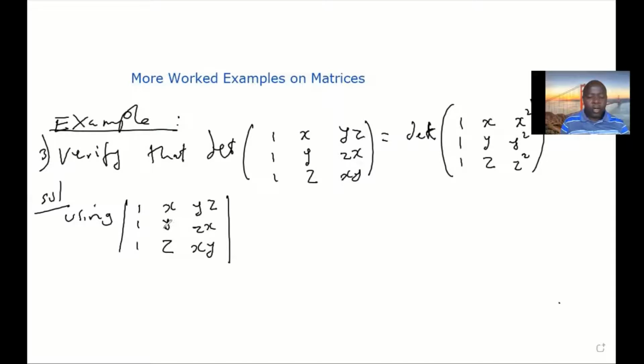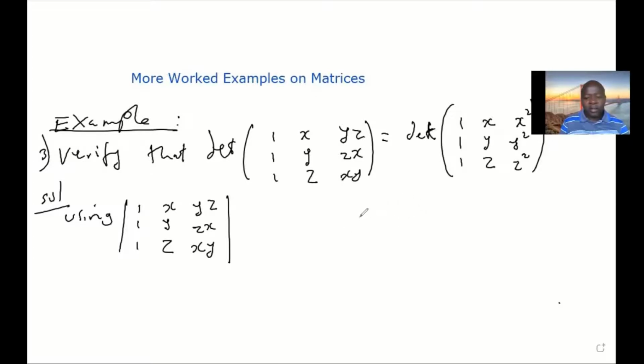You know that if I multiply, remember what we said about the properties of determinants. We say that if you are given a determinant A, a matrix A, and then you multiply any of the rows by a constant alpha, the new determinant will be the old determinant times alpha.